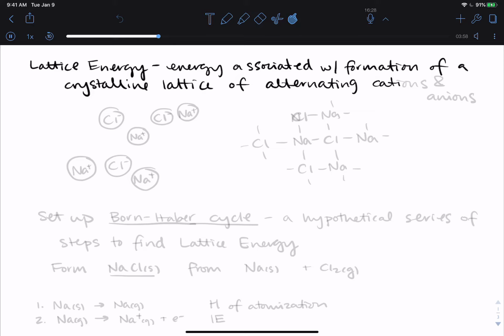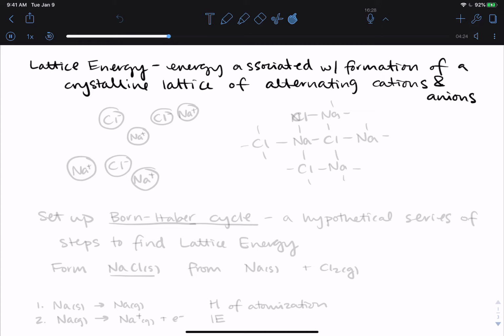So a long, long time ago, sometime in first semester, we brought up the idea that ionic compounds don't exist in these discrete molecule-sized things, right?